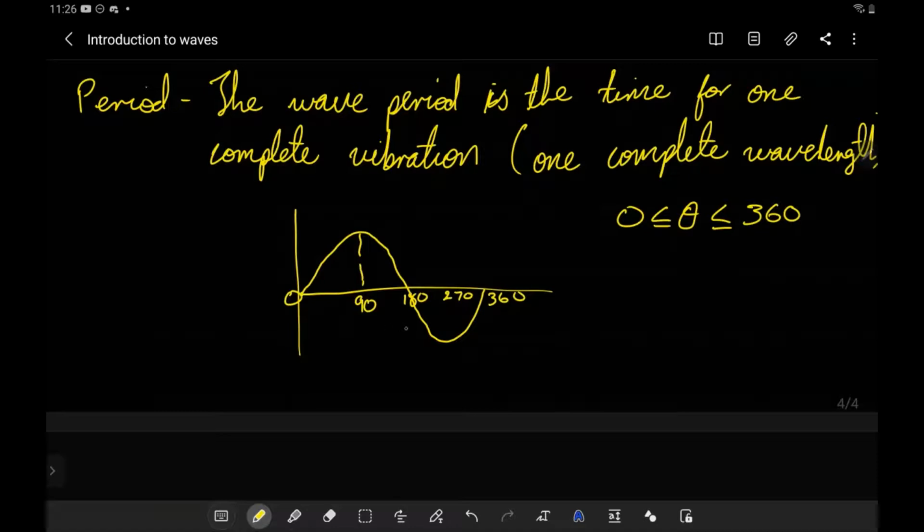This is the sine wave. What is the time it takes? So this is time here. What is the time it takes for one complete oscillation or one complete vibration?